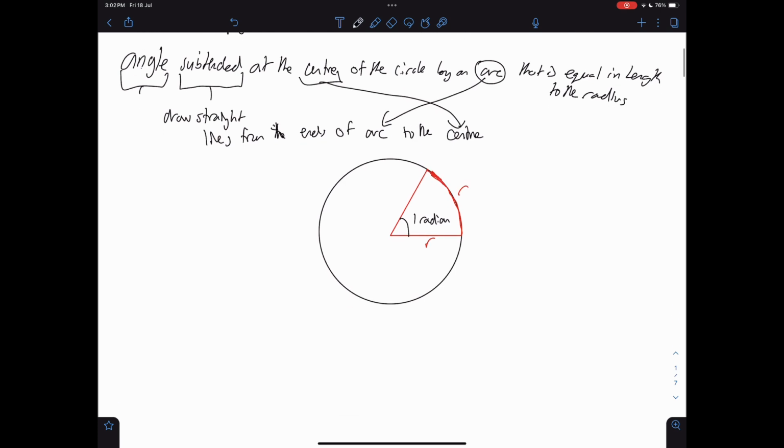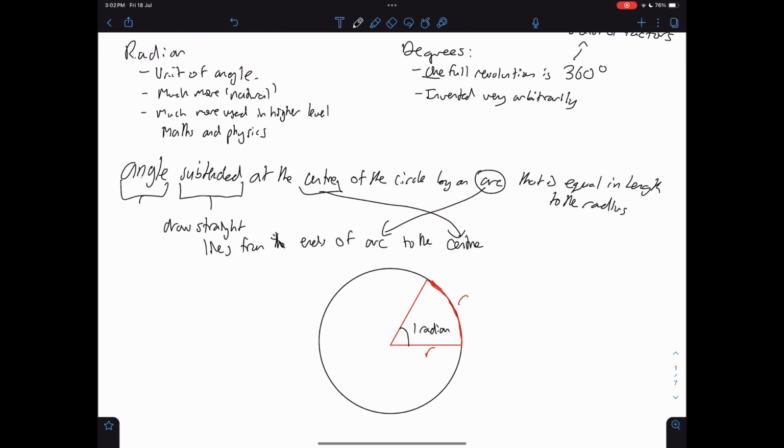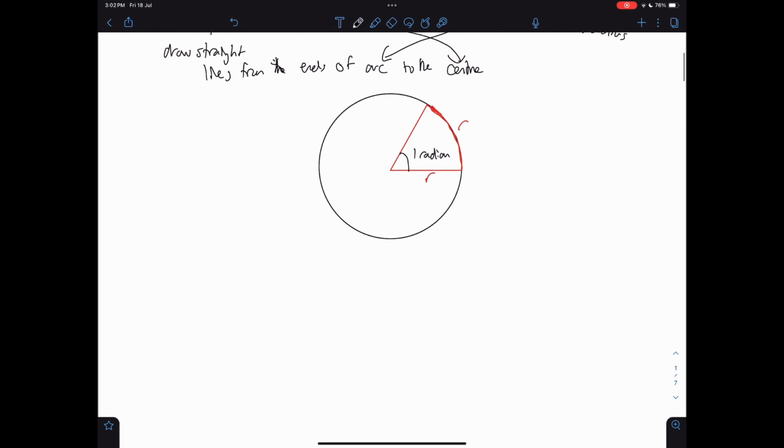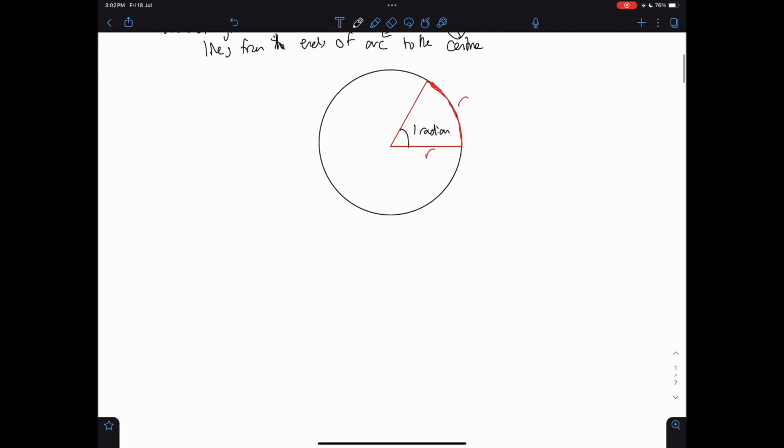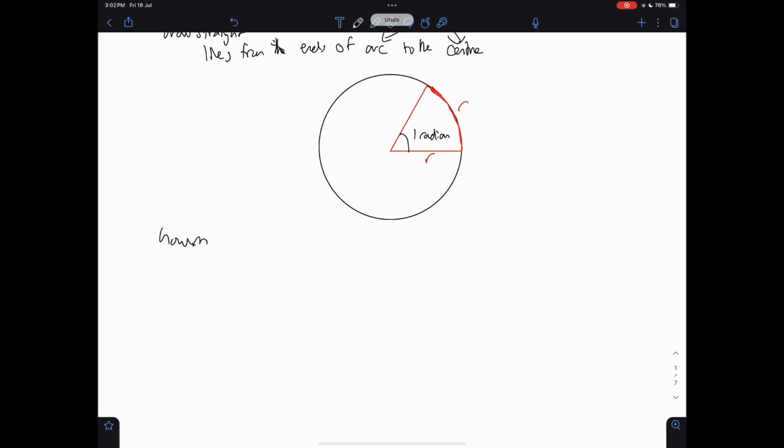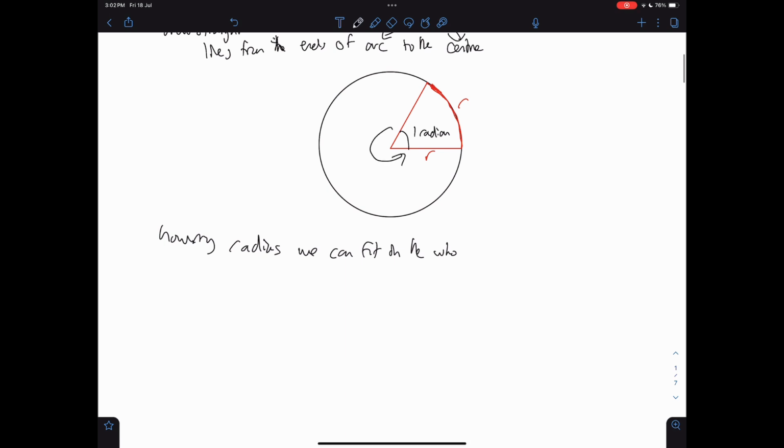So the next question we can ask is, how many radians are in 1 full revolution? How many radians we can fit in the whole circle is simply equal to how many radii can we fit on the whole circumference.